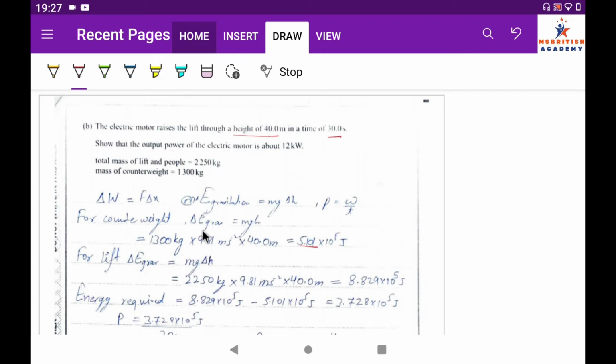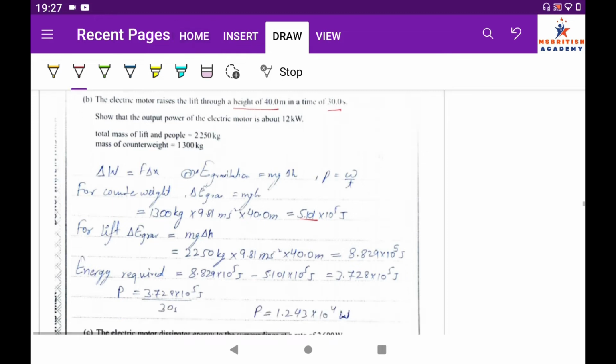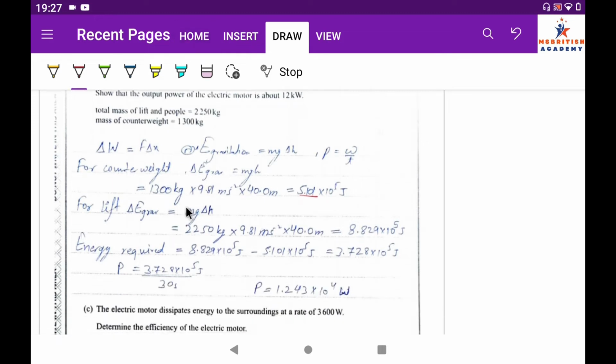Here the mass of the combined lift and people is 2250 kg × g × 40. From here we get 8.829 × 10⁵ joules, and the difference of these two potential energies is the required energy. So the energy required is this much.